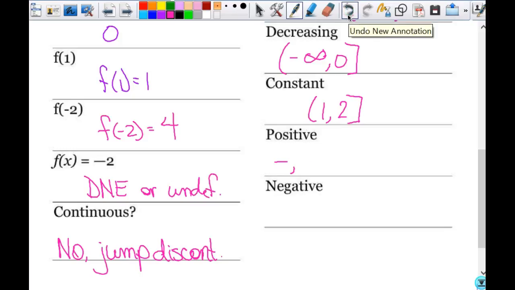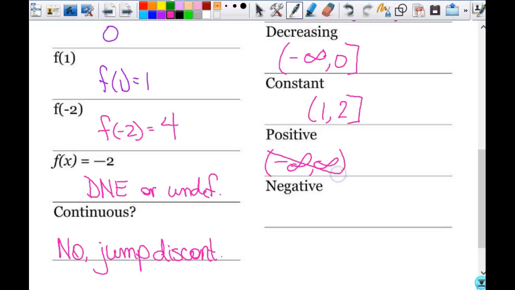Negative infinity to infinity. Do y'all agree with that? Except for 0, right? Remember, when you're doing positive and negative, do you get to include 0? You don't get to include 0, all right? Because you're looking at the y's, and the y values are positive, but 0 isn't positive or negative.